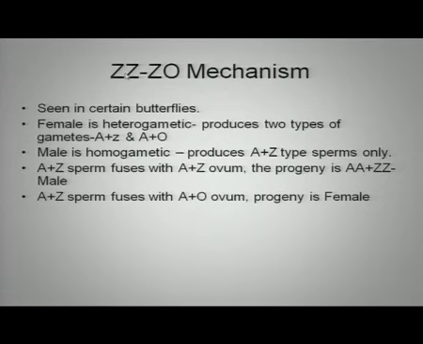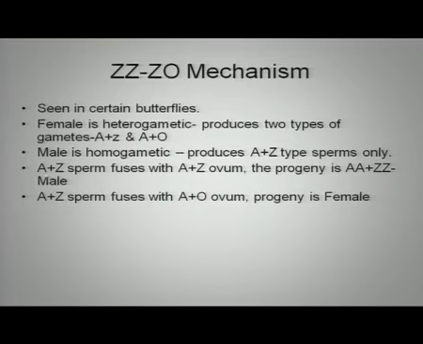Male is homogametic, produces only one type of sperm, that is A plus Z. So, male is homogametic and female is heterogametic.